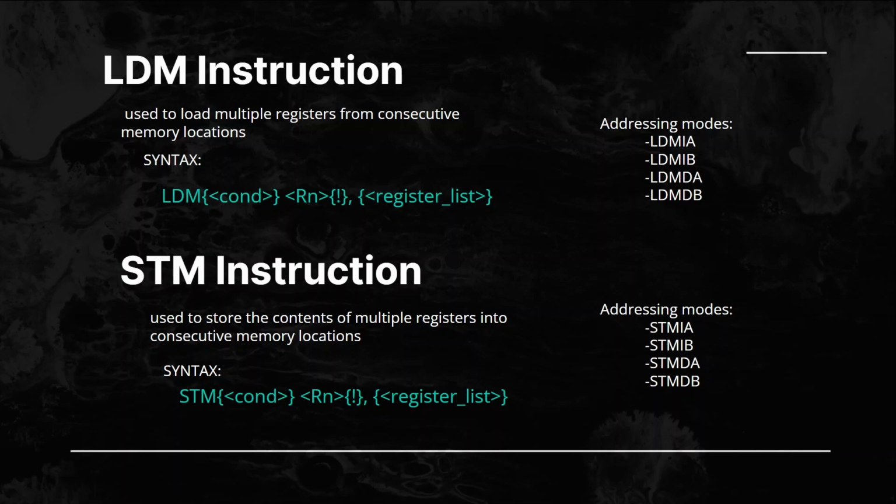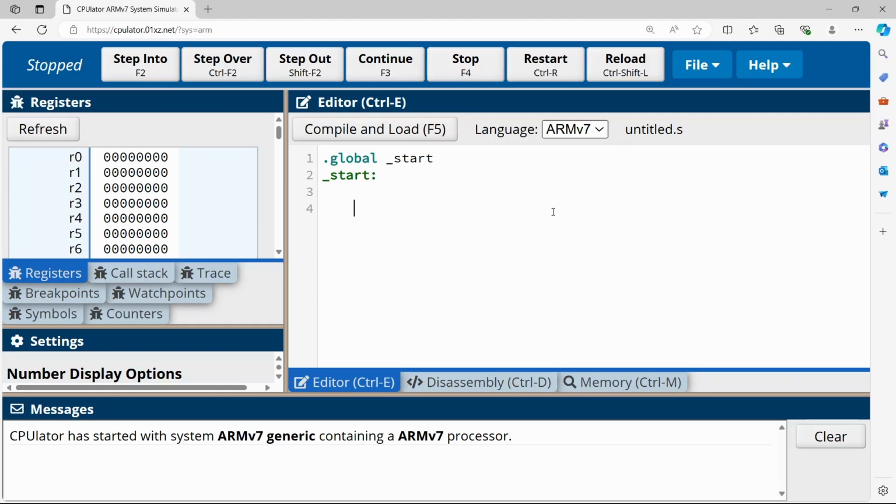Now let's understand this more in the CPU emulator. Let's discuss load multiple in the emulator. As I discussed, there were 4 addressing modes: increment after, increment before, decrement after and decrement before.